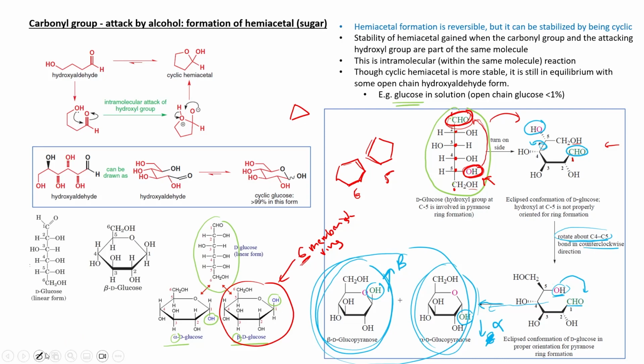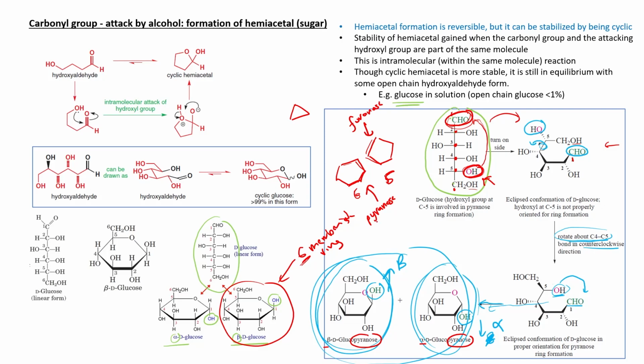In terms of the name here, they are pyranose. What is pyranose? We know about alpha and beta now, but what is pyranose? In organic chemistry, in terms of sugar, pyranose is the generic name for a 6-member ring. When you have a 5-member ring, we call it furanose.